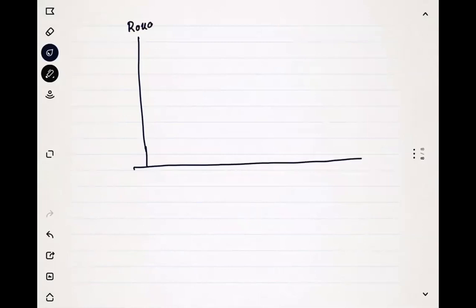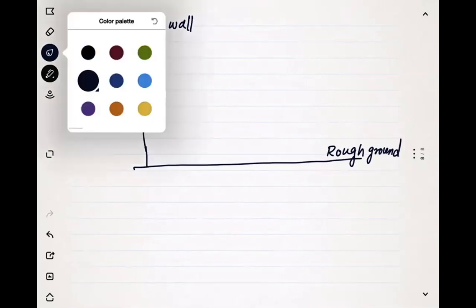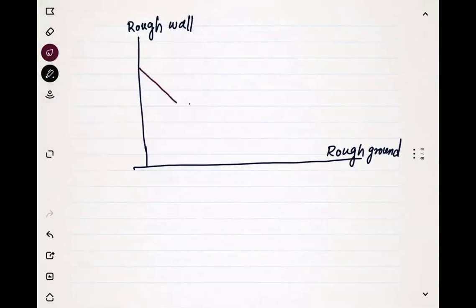So basically, if we focus on this ladder, which is kept on the rough wall, and the ground is also rough, then you need to draw the net forces and not the individual forces.